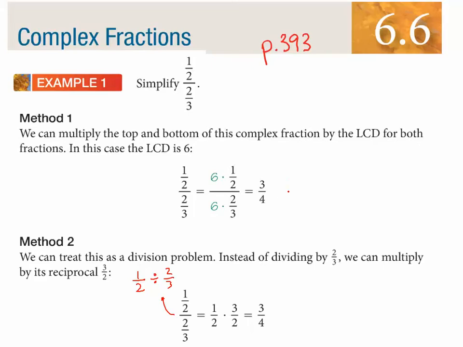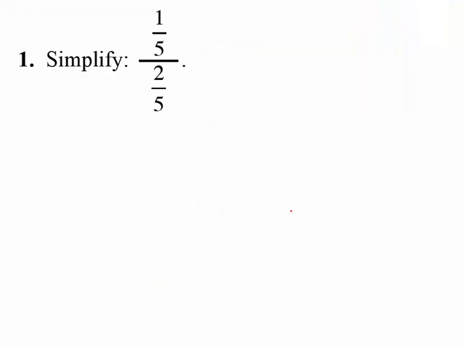Number 1 is a pre-algebra problem, just to get us used to this stuff here. So we're going to practice with method 1. So 1/5 is being divided by 2/5. What is the answer? Well, first of all, we're going to multiply by the common denominator.